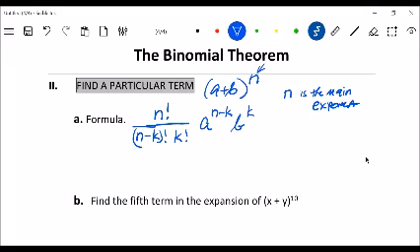So n is the main exponent. k is 1 less than the term you want. So if n was 27 and I wanted to know the 20th term, k would be 19. If I wanted to know the 15th term, k would be 14. It's 1 less.